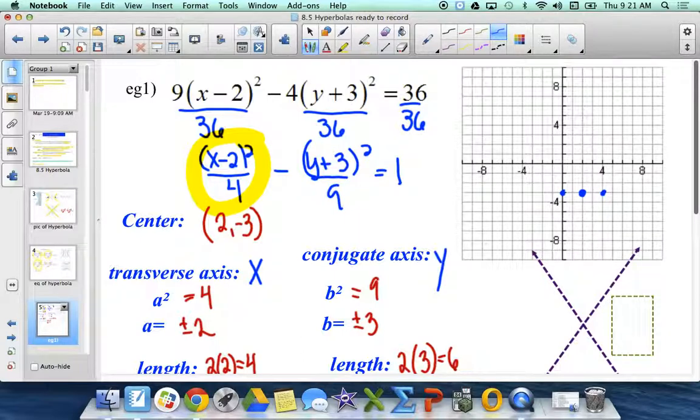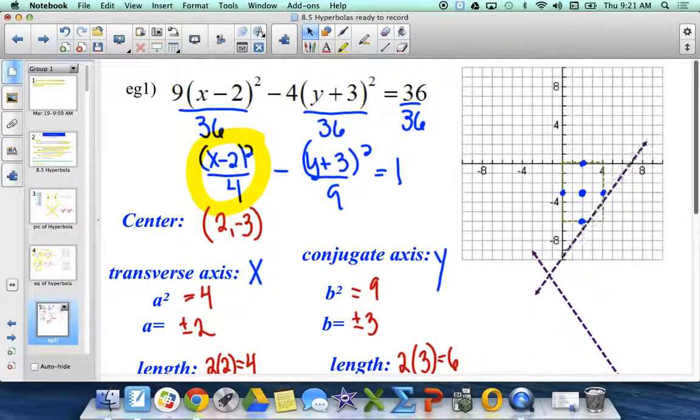Then we're going to go up 3 units and down 3 units. Then we're going to draw the rectangle. So when we draw this rectangle, we have a rectangle that looks like that. Then we're going to draw the asymptotes. The asymptotes go from corner to corner and through the center.